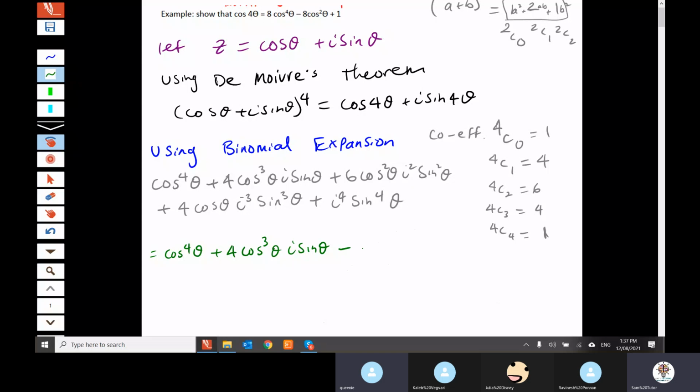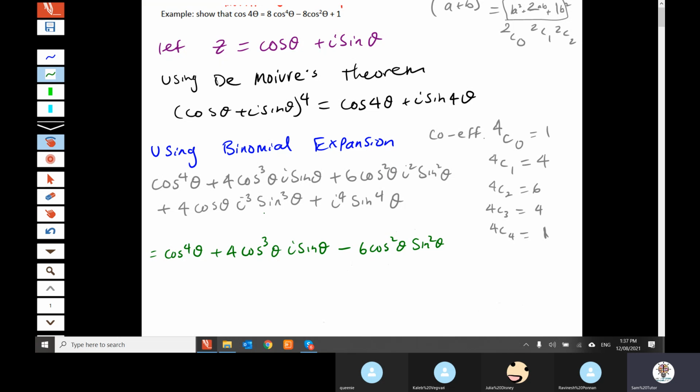Done. i squared is negative, so negative 6 cos squared theta sine squared theta. The reason why that's important is if I told you which ones are real, you might have just said, oh, just the first one. But technically, there's more. So you've got to be careful. You've got to simplify them first.